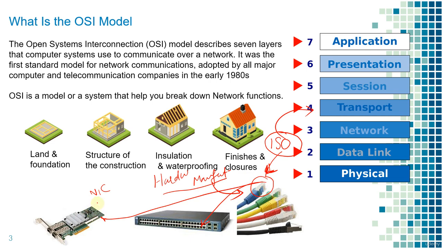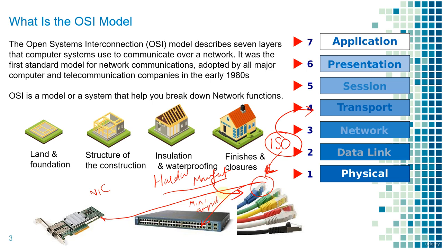If you are not familiar with what a NIC card is or what Cisco switches are, don't worry. Just imagine it is some hardware device, or in a short layman example, you can say it is some mini computer.